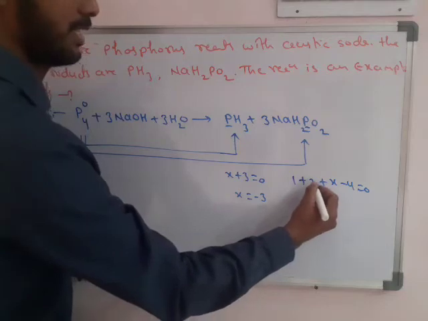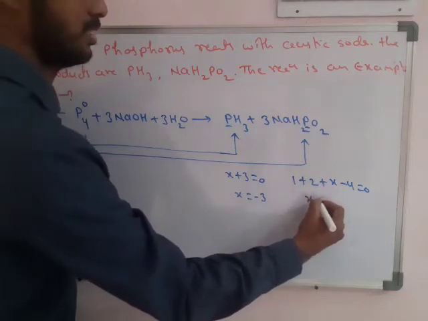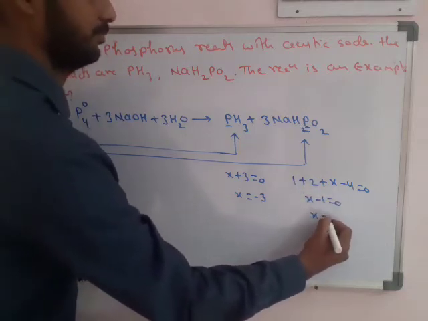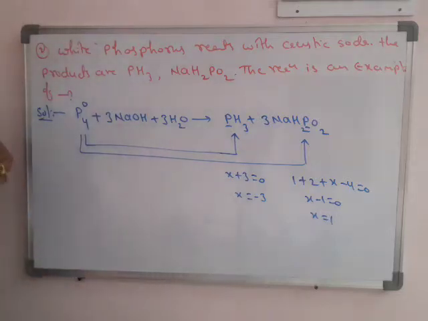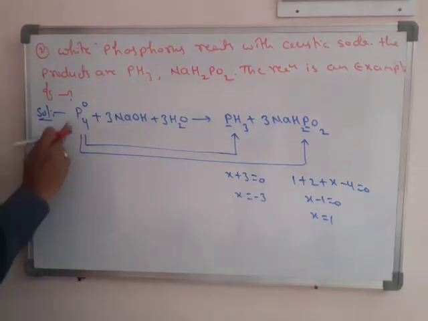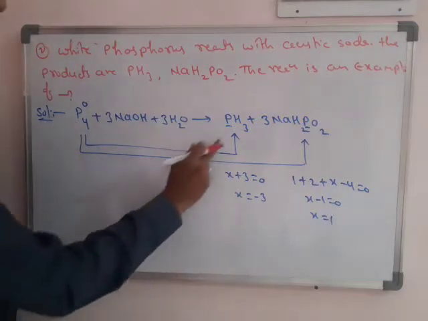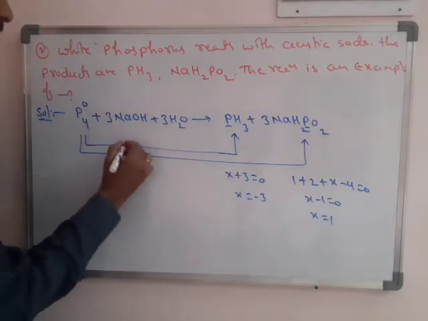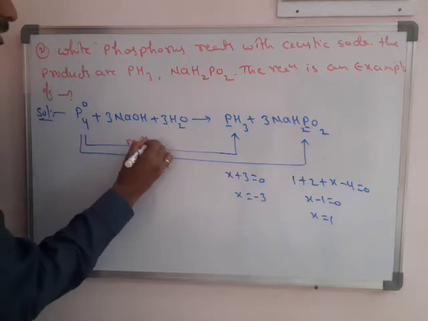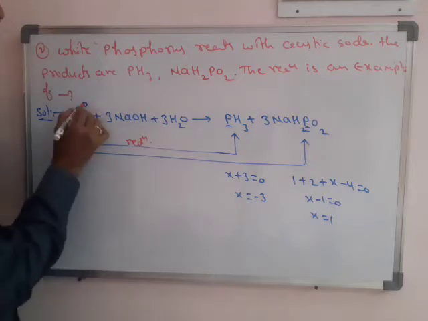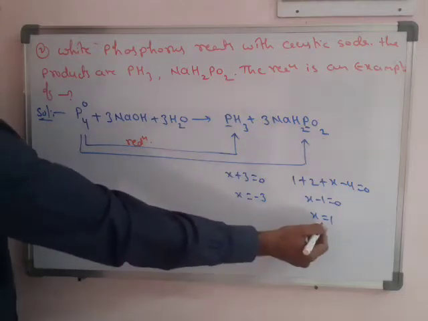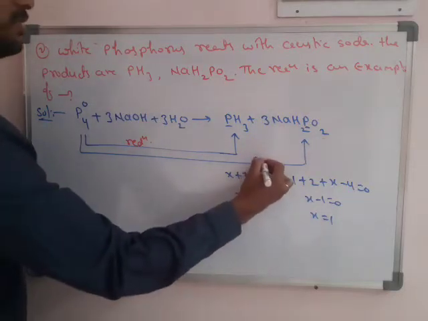So X plus 3 minus 4 equals 0, X equals plus 1. So the oxidation number from P4 to PH3 becomes minus 3, which means reduced. Here the oxidation number of phosphorus increased from 0 to plus 1, which means oxidation.